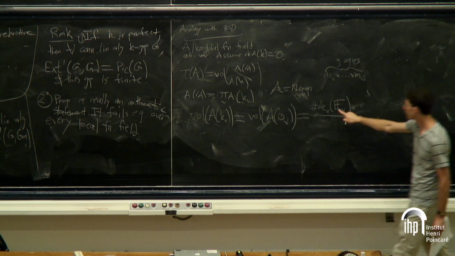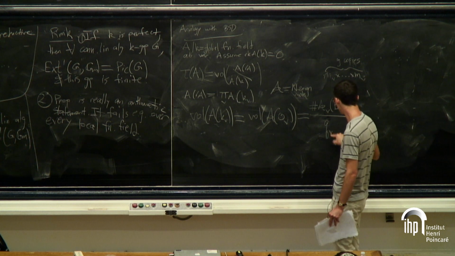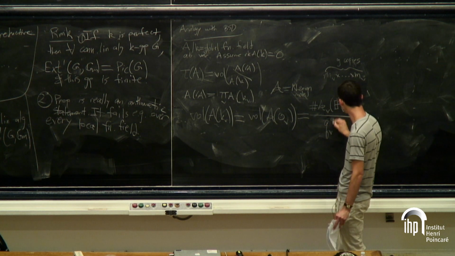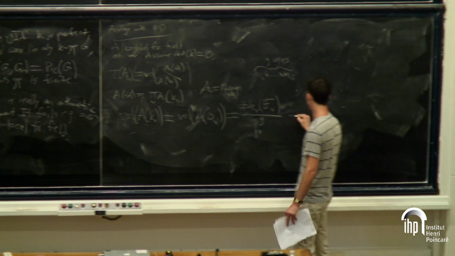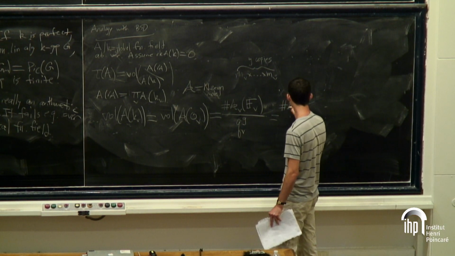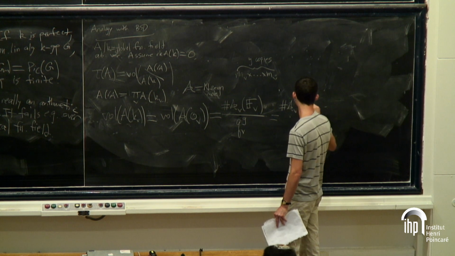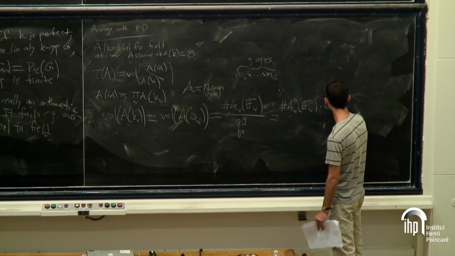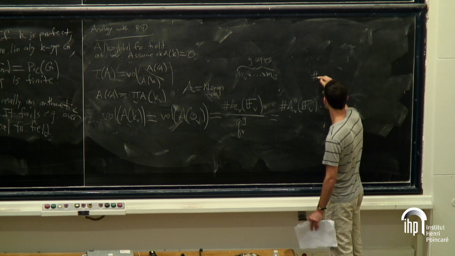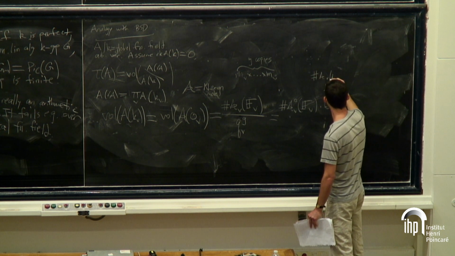OK? So you should get the number of points over QV, which is the number of points of FV to the G, G again the dimension of A. And this is the number of points in the connected component of the special fiber times, well, it's called CV, the Tamagawa factor, and this is defined to be the size of AV mod AV naught.